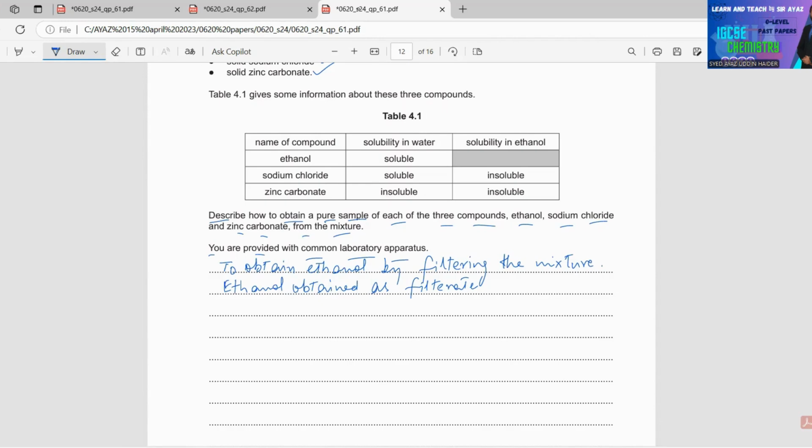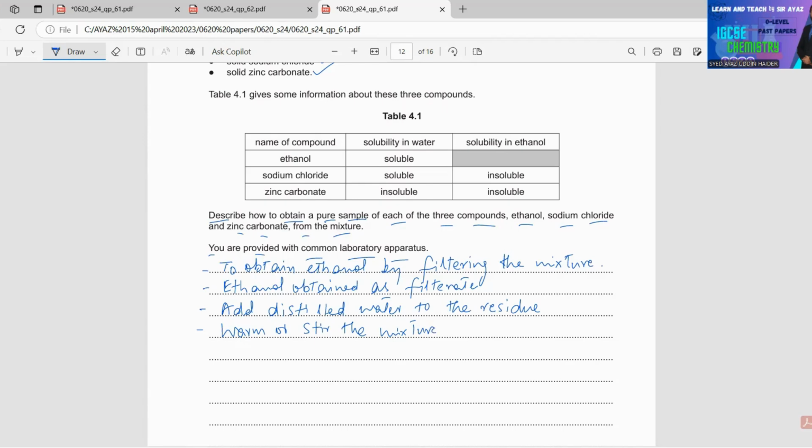Zinc carbonate is insoluble in water, but sodium chloride is soluble in water. So what we will do, we will add distilled water to the residue. Then warm or stir the mixture so that sodium chloride will dissolve completely.